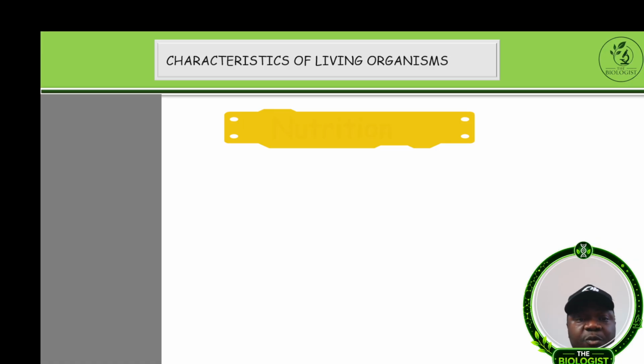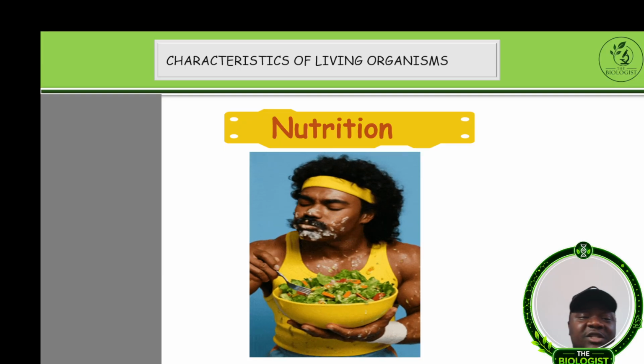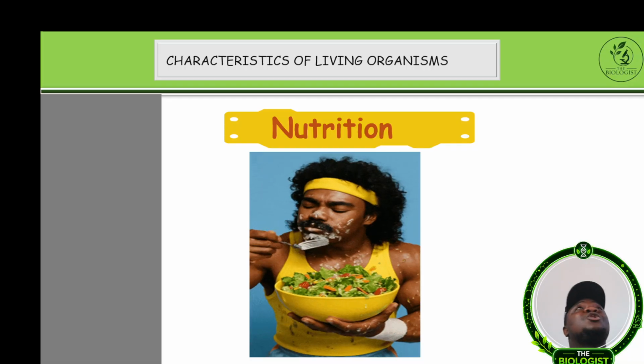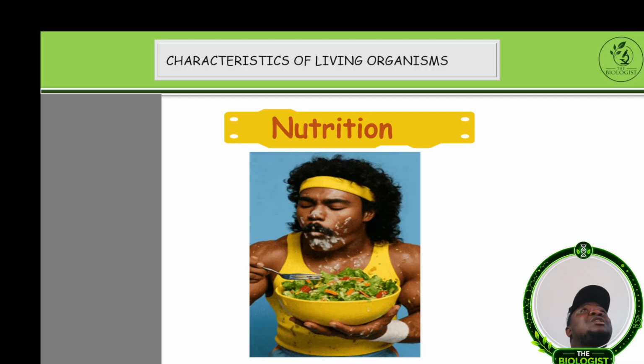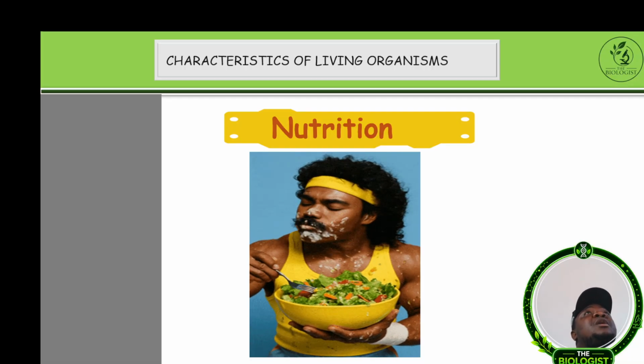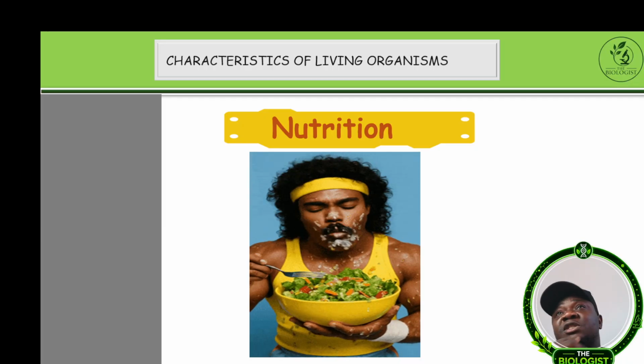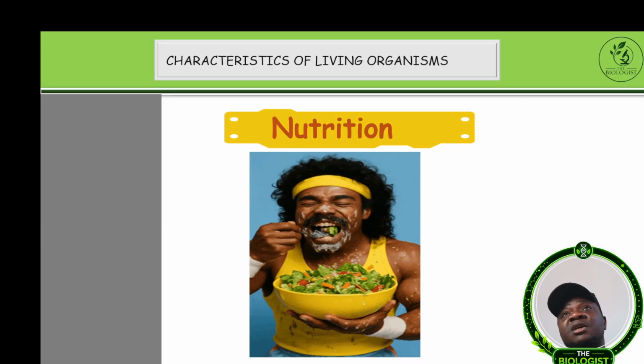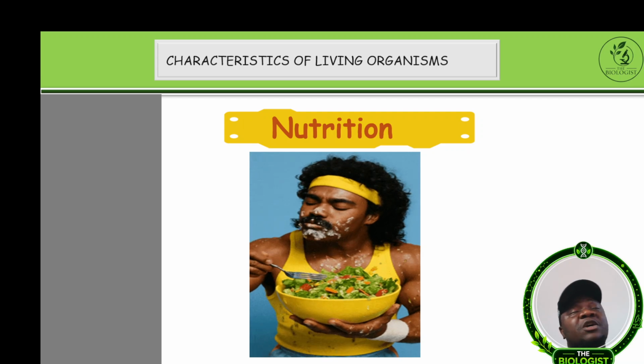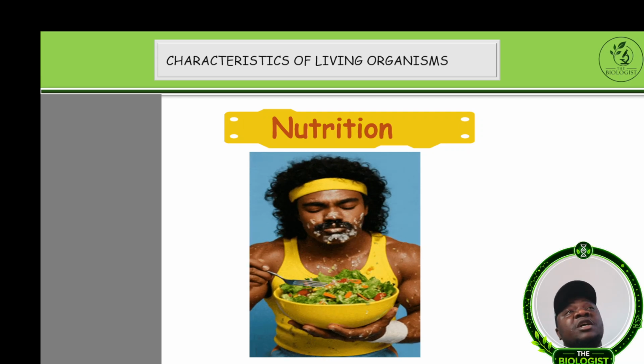Okay, so nutrition. All organisms tend to eat. You can see this guy enjoying this meal. We eat a lot of food to get all the necessary nutrients for the body to develop and for an organism to survive. We have organisms that eat plants, which we call herbivory, and organisms that feed on flesh, carnivory.